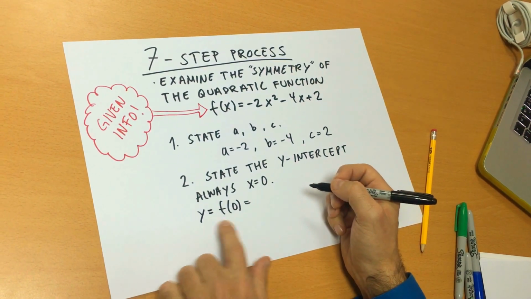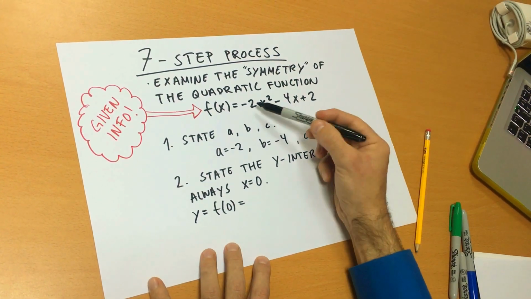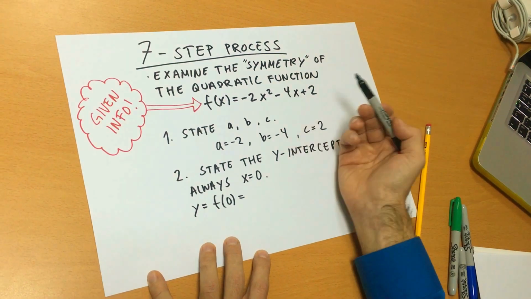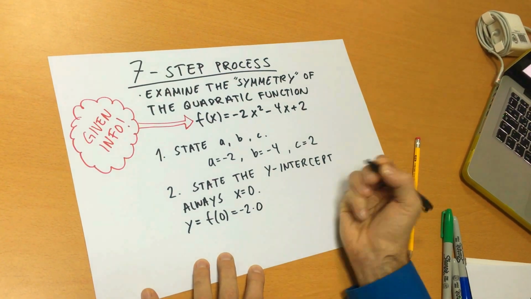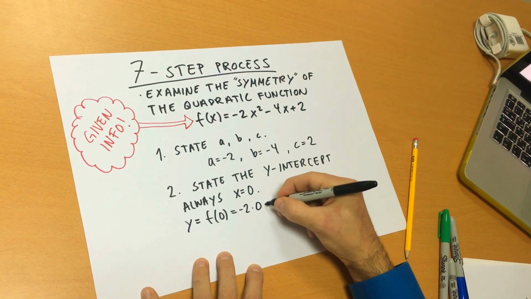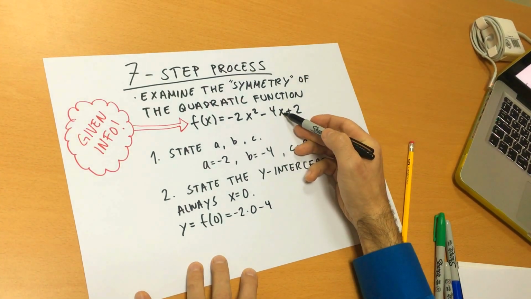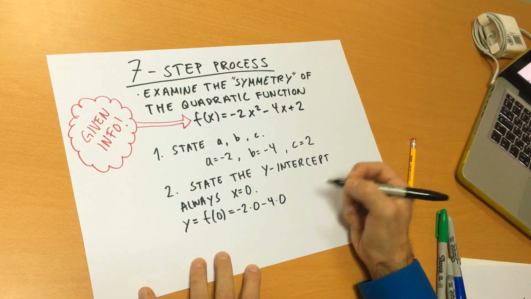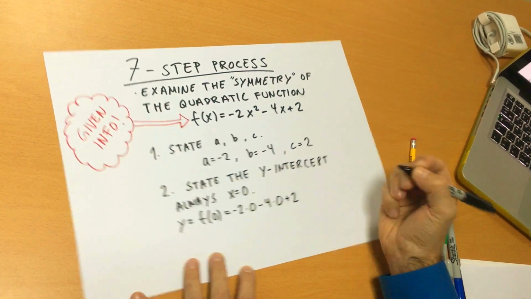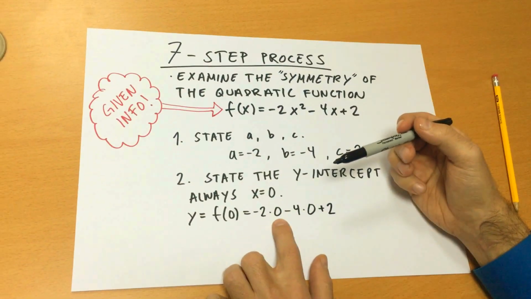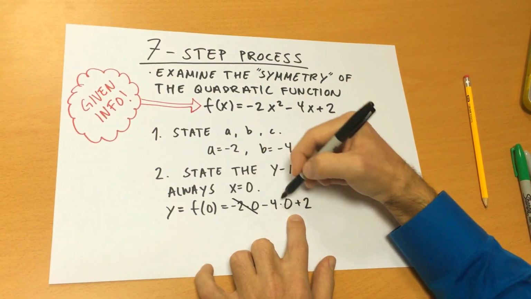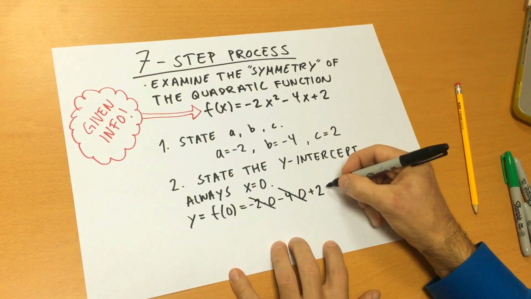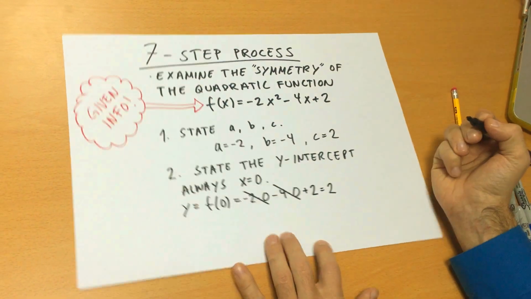These two symbols will be used interchangeably. -2 times x squared, well, x was 0, so it's just -2 times 0. 0 squared is 0. Minus 4 times x, well, x was 0, so 0 there, plus 2. So -2 times 0 is 0, 4 times 0 is 0, so both of these first two terms will cancel out, remains only the 2, number 2.